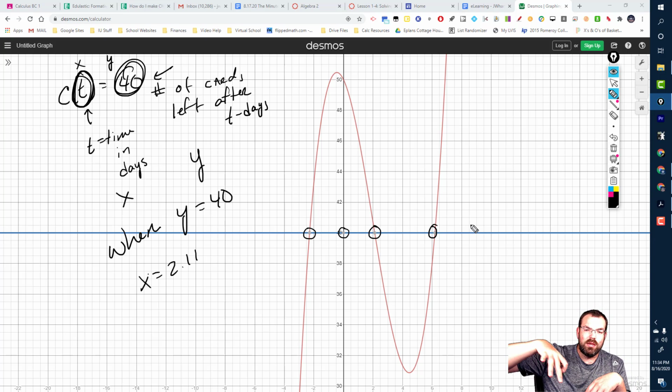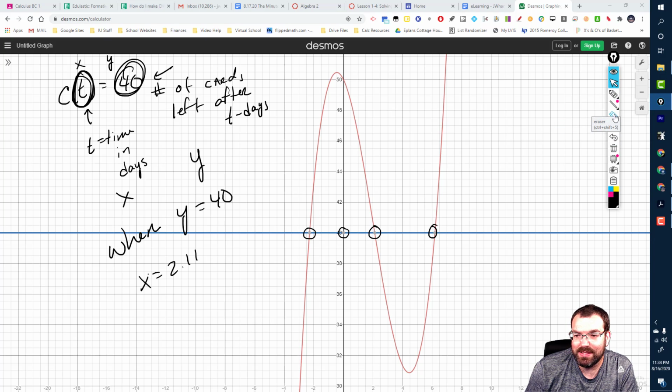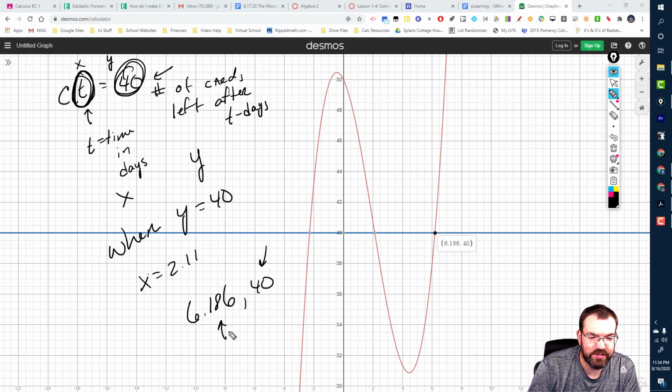Those are important pieces of the blue graph, of that y equals 40. All right, and what else can that tell me? Well, that tells me that this piece here is actually going to be, if I click on it, 6.186 comma 40. Well, this is the amount of cards, so then this is the time.